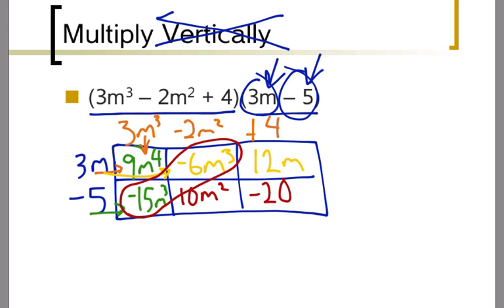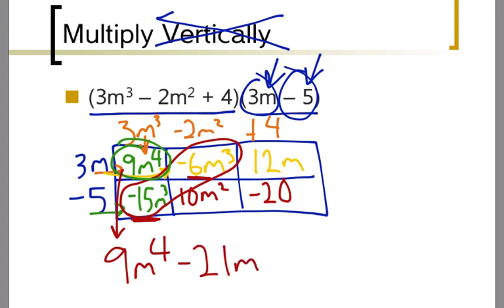So I start with my 9m to the fourth. I write it out first, 9m to the fourth, and I want to do this in descending order. So now I see my like terms here are the negative 15 and the negative 6m to the third. So I go ahead and combine those and get negative 21m to the third. And then I continue in descending order, which gives me my 10m squared next.